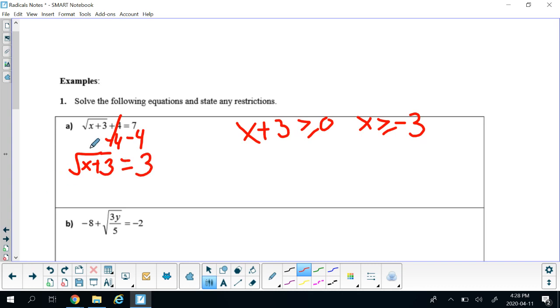So I'm looking for the value of x, right? So here I'm gonna square both sides. Whatever I do on one side of the equation, I have to do the same thing on the other side of the equation as well. So I'm gonna square on both sides, squaring both sides.